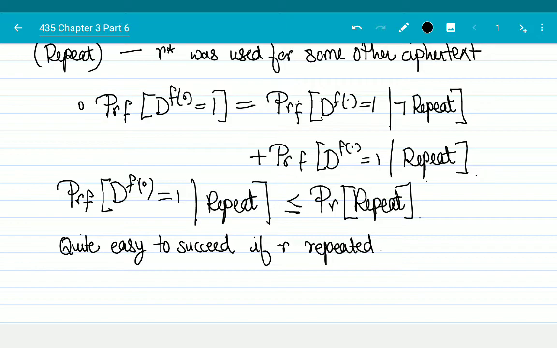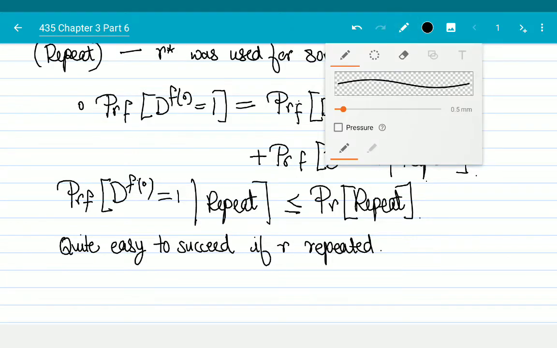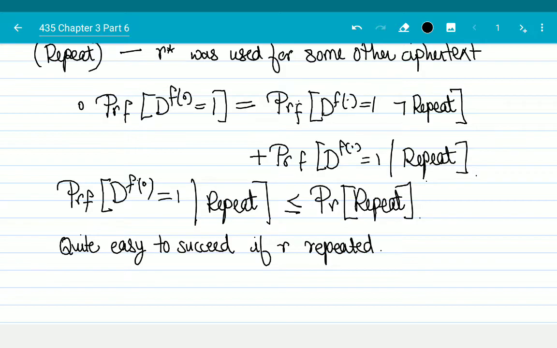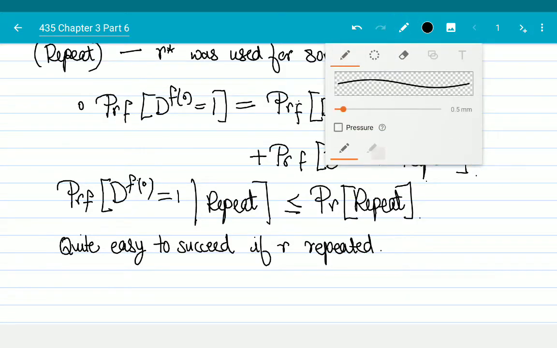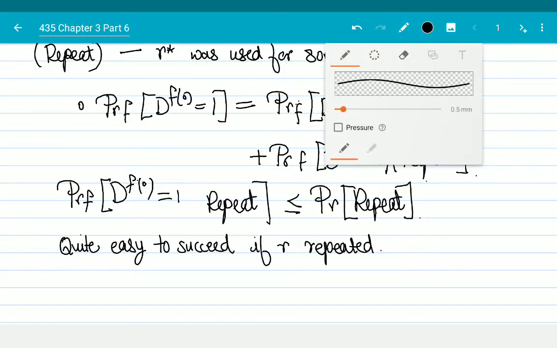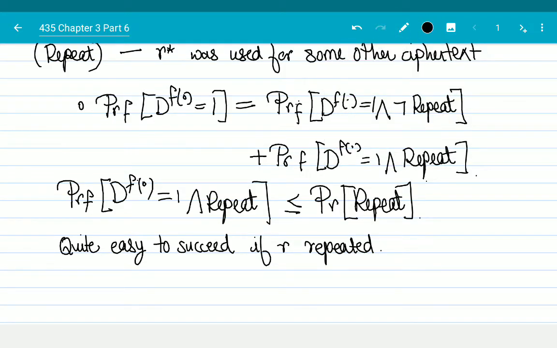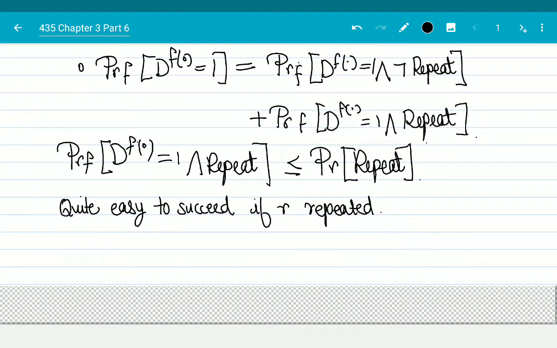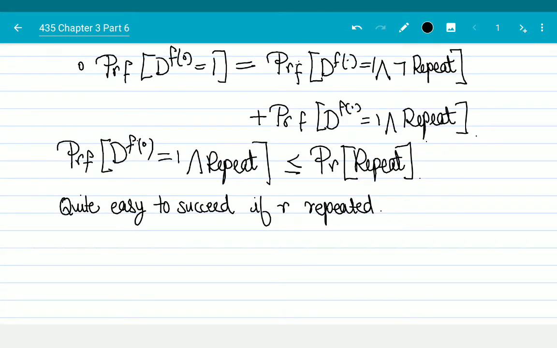Sorry, this should be 'and', not 'given'. And the thing was repeated. Because the probability of the experiment succeeding and it being repeated is the probability of the experiment succeeding given that it repeated, multiplied by the probability of repeating.